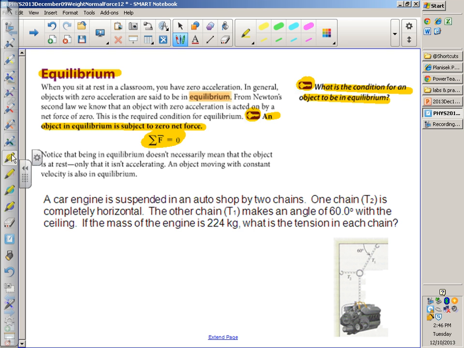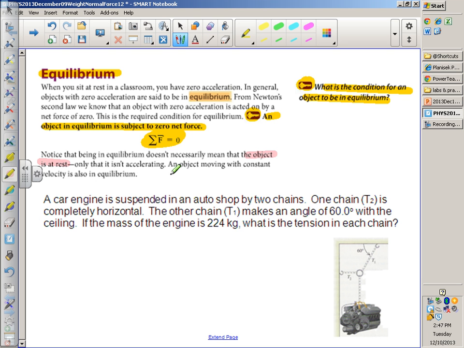Now, when we talk about equilibrium, it can be a little bit confusing. If net force is zero, what does that mean also has to be zero? Acceleration. So there can't be any change. Is this book in equilibrium? Yes. Object is at rest. That's a form of equilibrium, right? But what else would fit the definition of equilibrium?